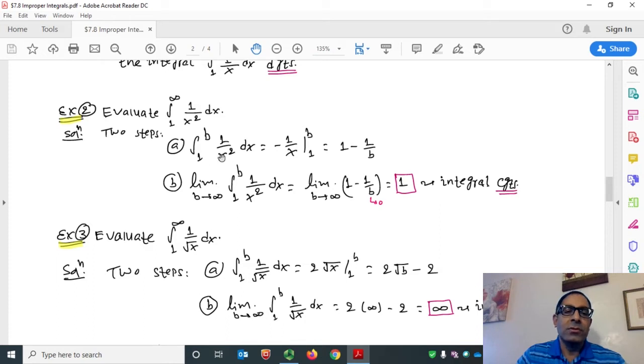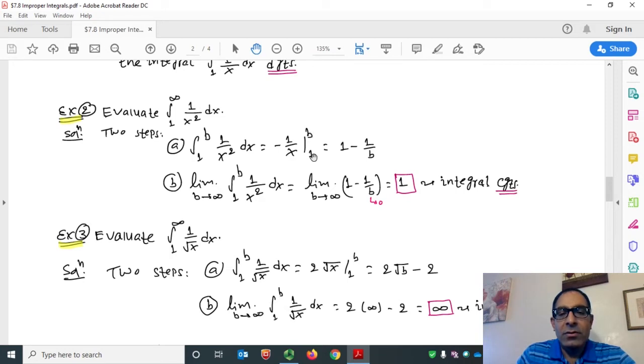Here, you take x squared to the numerator by making the power minus 2, so x to the power minus 2, and then use the power rule. X to the power negative 2 plus 1 is negative 1, so x to the negative 1 over negative 1. It gives you negative 1 over x. And then evaluate at 1 and b.